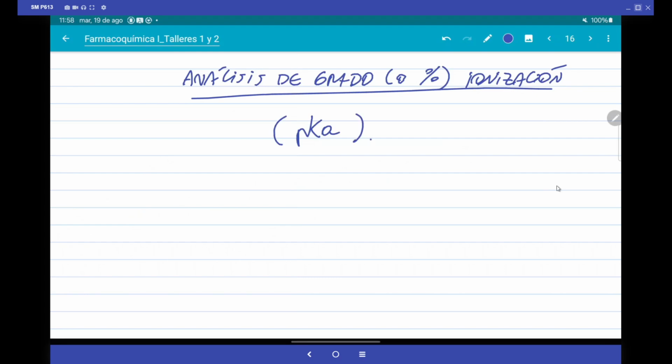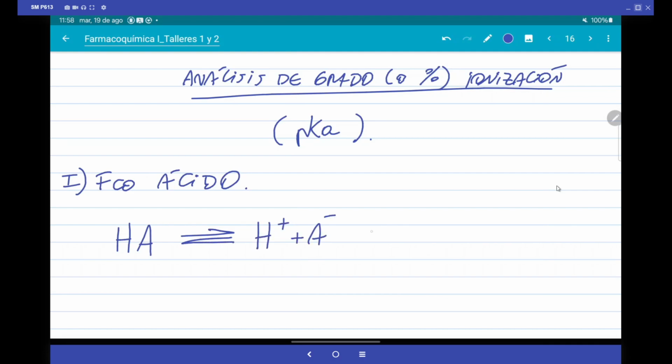For example, when we think of an acid, the first case is the case of an acid drug, the neutral acid drug. The acid drug releases the proton, and we can understand the equilibrium in this way. It releases the proton, but the incorrect thing would be to say that the acid drug delivers the proton to the water of the medium. One would have to write here H3O+, hydronium, although the respective anion is formed.